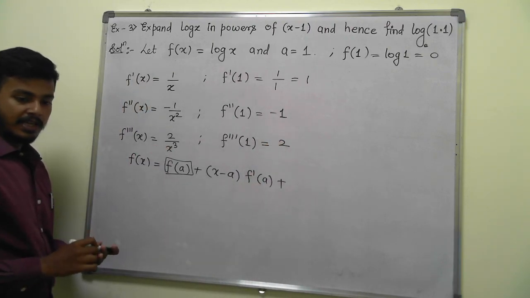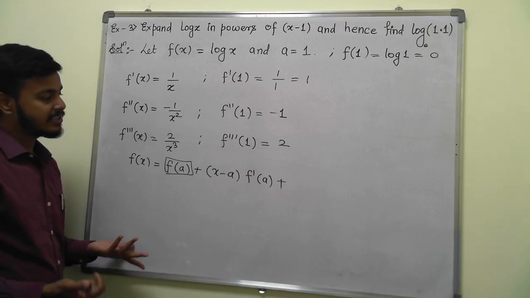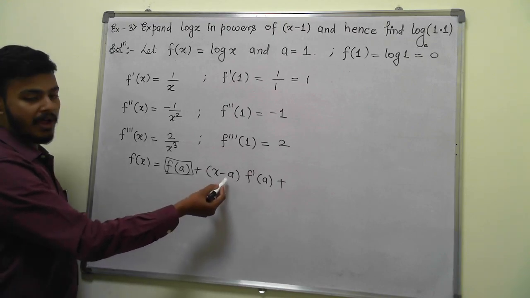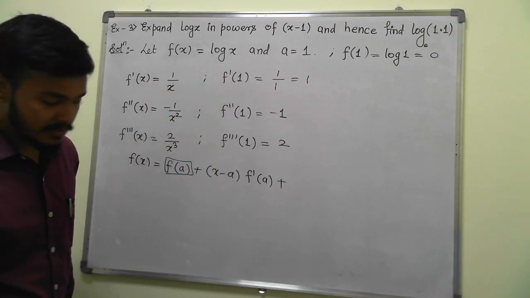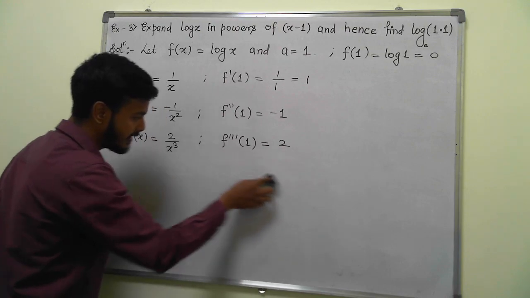Now, after finding the derivatives, write down the Taylor's expansion in powers of x minus a, where a is 1, and substitute these values. Let me write it nicely.